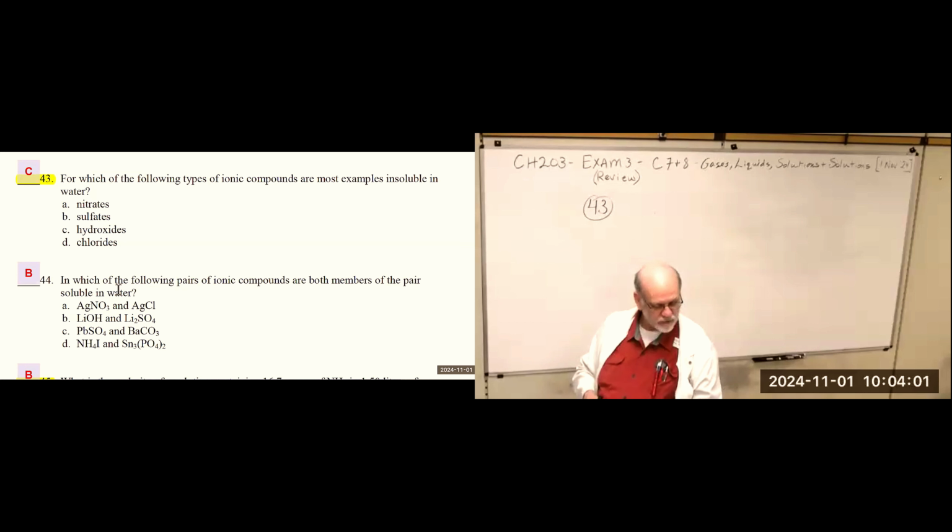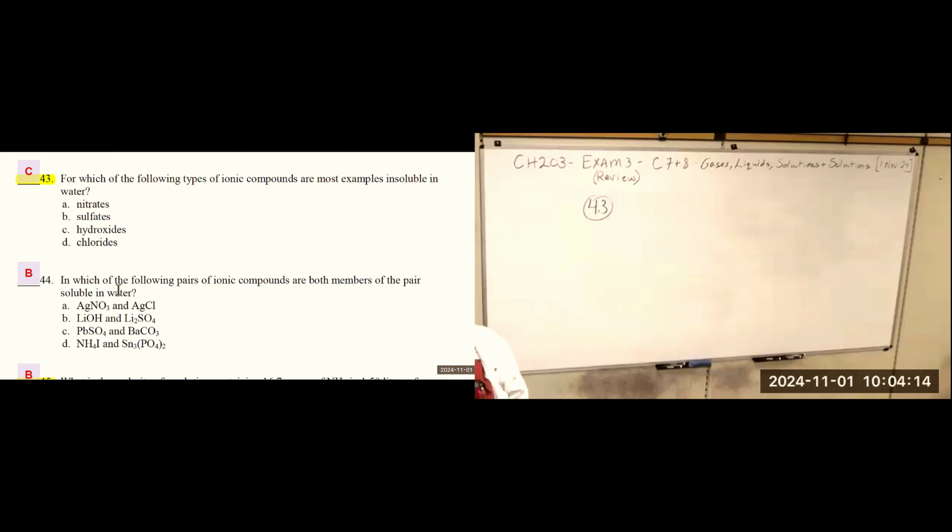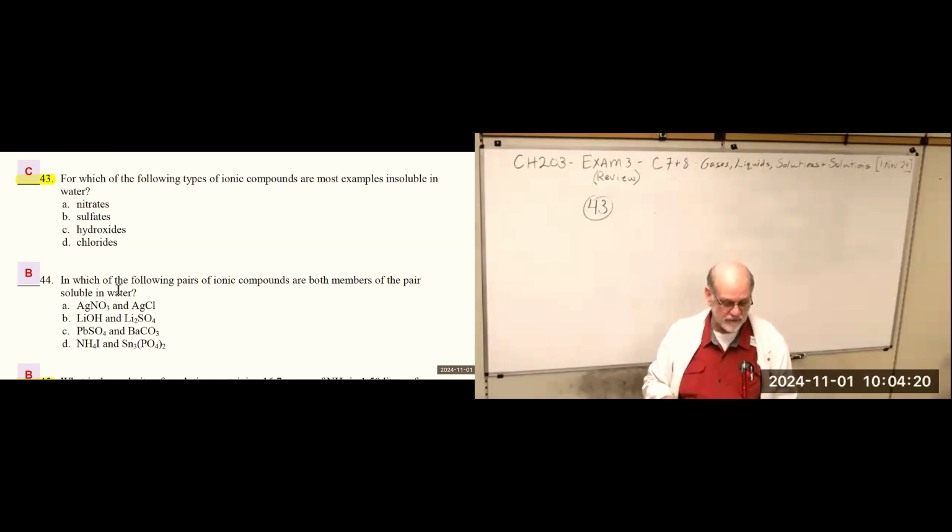Are most examples insoluble? So hydroxide, let's find hydroxide. There it is. Go across there. Sodium and potassium and barium are the only soluble hydroxides out of all that list. So the hydroxides would satisfy, right? Most of them are insoluble.